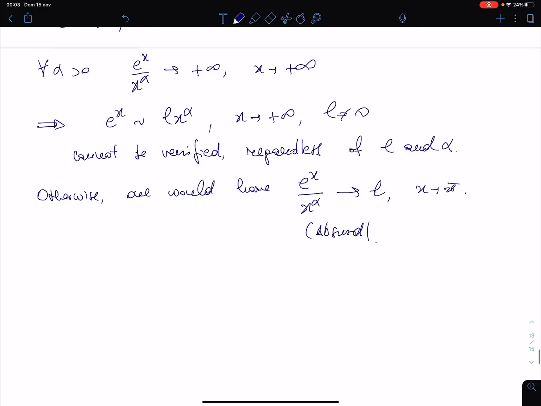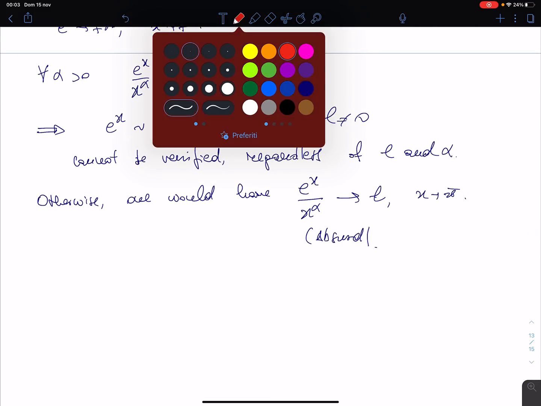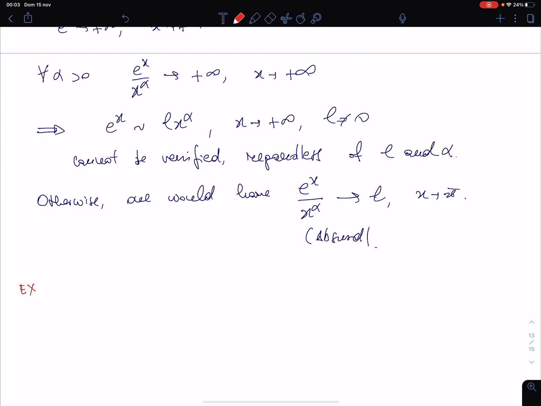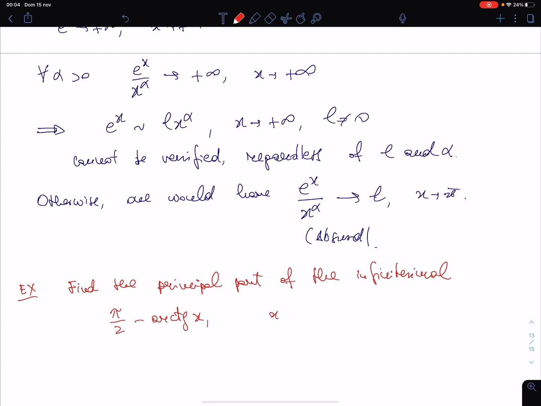Okay, as an exercise which is difficult, now it is impossible to do in my opinion. I don't know a good way to do it now, but an example is: find the principal part of the infinitesimal pi over 2 minus arctangent of x for x going to plus infinity with respect to the sample phi of x equal to 1 over x.